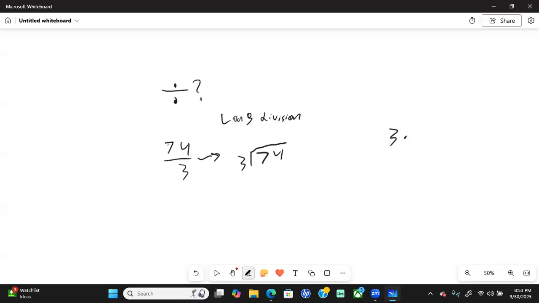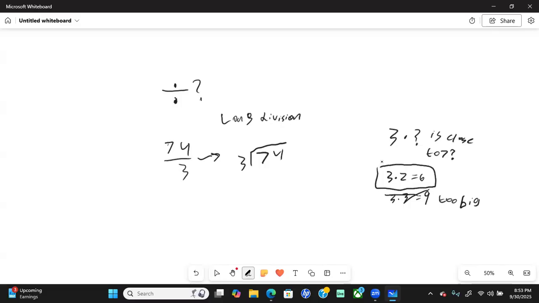So 3 times what number is close to 7? Well, 3 times 2 is 6. 3 times 3 is 9. Well, 9, that's too big. So the closest number that we can multiply by is 2. So we put a 2 here.